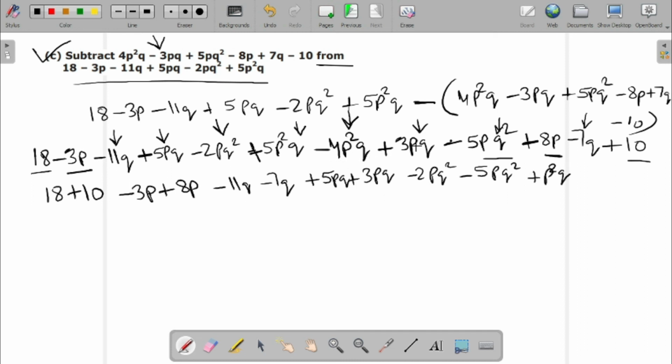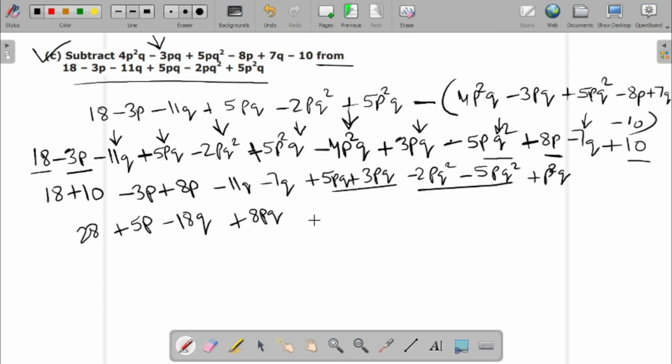Now what is left? All things I think are covered. Okay. Now 18 plus 10, 28. Minus 3 plus 8, simple, just like integers. Minus 11 minus 7, minus 18q. 5 plus 3, that is 8pq.